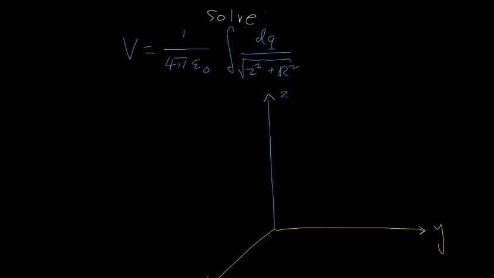So we're going to draw a ring. Look carefully that we're integrating with respect to q. That means a continuous, infinitesimal charge distribution, all over the square root of z squared plus r squared. So we're going to draw a ring centered at the origin with radius r and axis z.